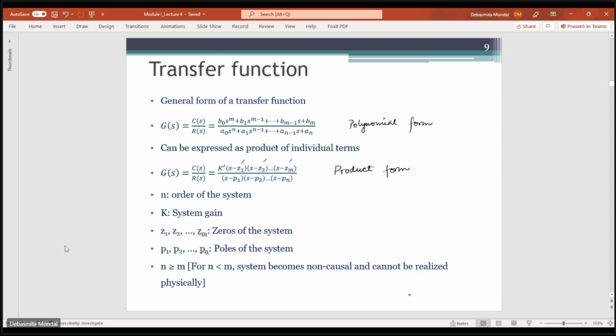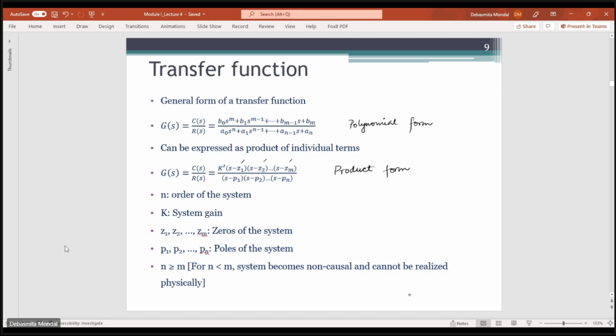That's why the roots of the numerator polynomial are known as the zeros of the system, and the roots of the denominator polynomial are known as the poles of the system. At the poles the magnitude of the system goes to infinity, and at the zeros the magnitude becomes equal to 0.